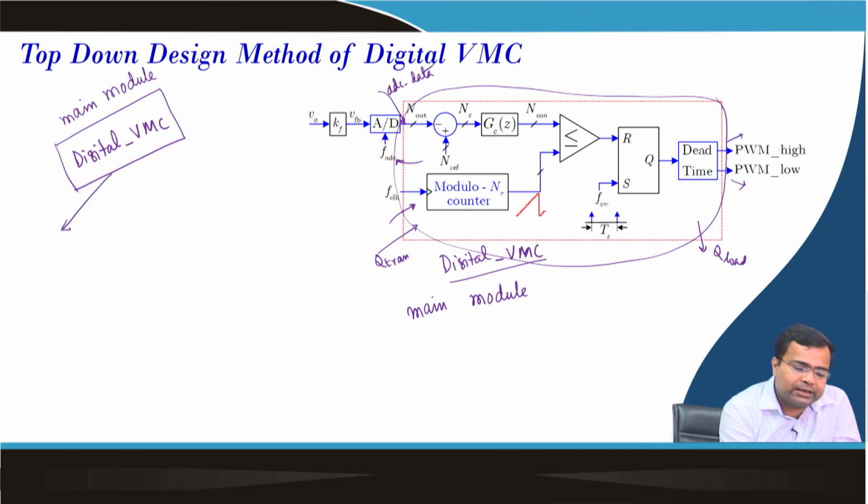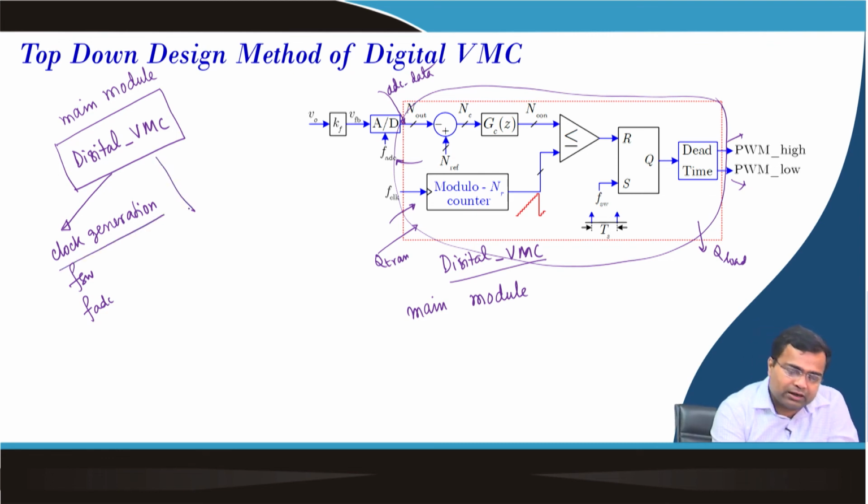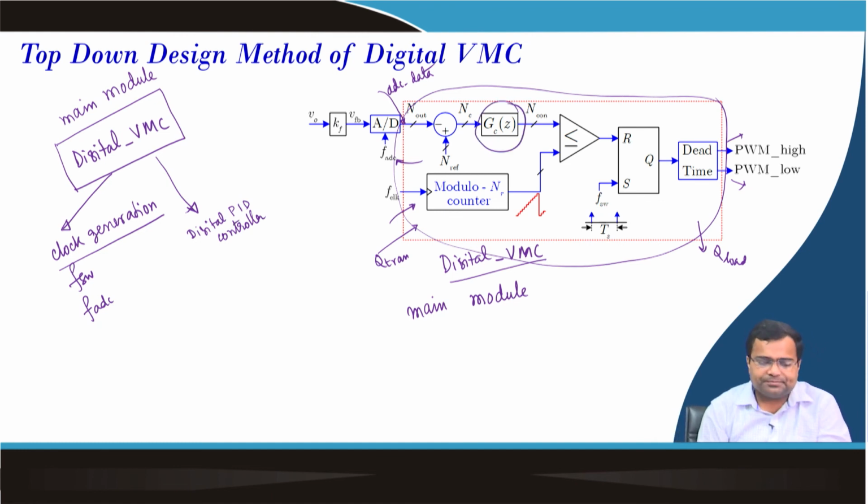One block will be clock generation, because we need to generate the switching frequency clock and the ADC clock; here we do not need a DSC clock. So, this clock generation will generate these clocks. The second one requires a digital PID controller, because this controller is nothing but this. So, this will generate PID.